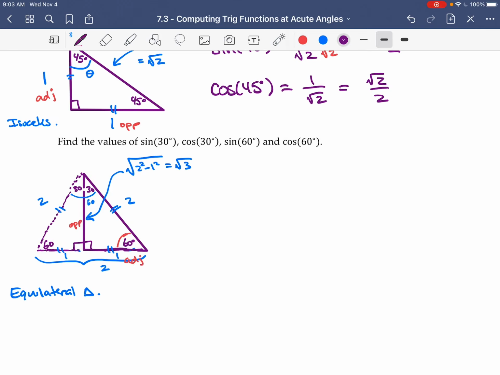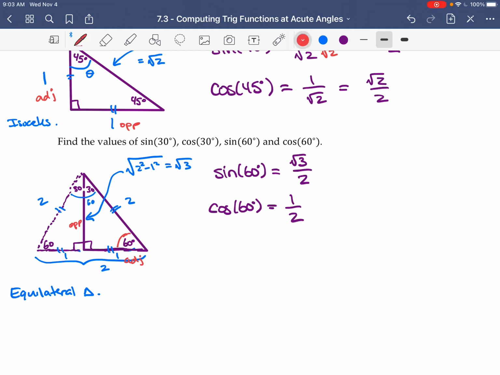I guess I'm doing the 60s first. So sine of 60 degrees is the opposite, root 3, over the hypotenuse, 2. And cos of 60 degrees is going to be the adjacent over the hypotenuse, so 1 over 2.